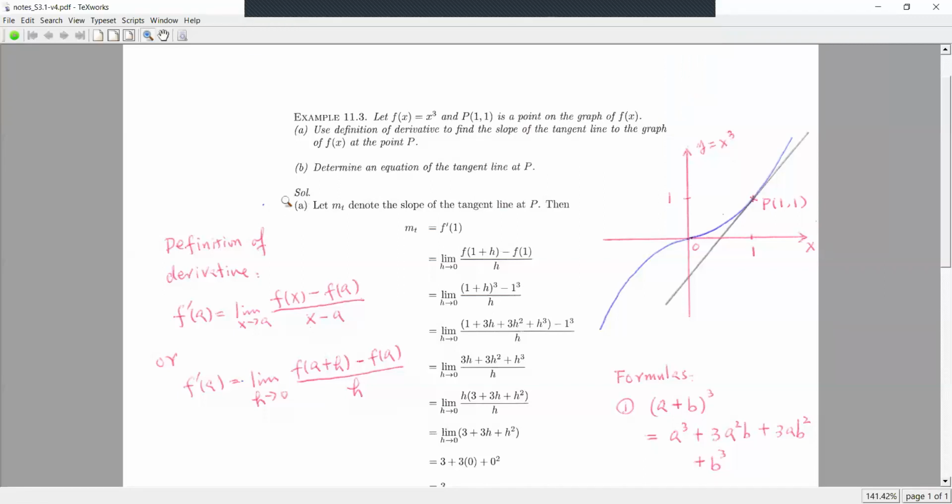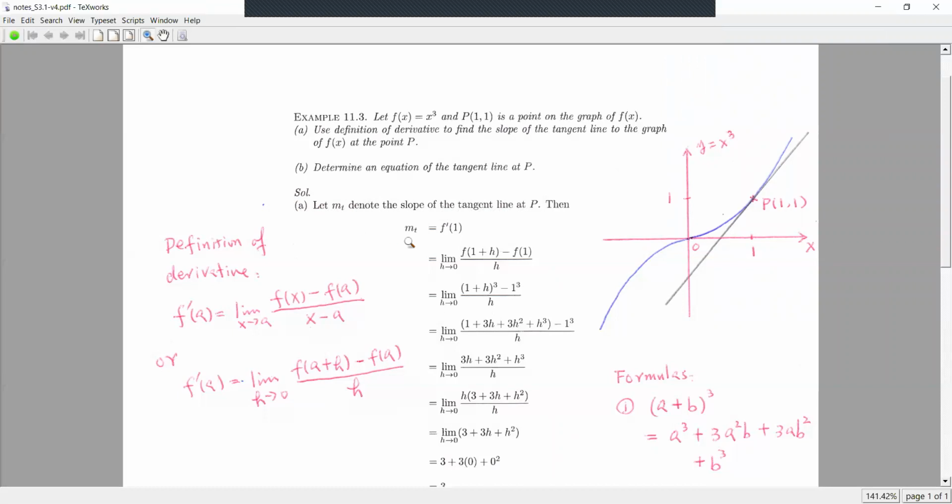Now, solution to part A. Let m_T denote the slope of the tangent line at the point P. M means slope, T means tangent line.